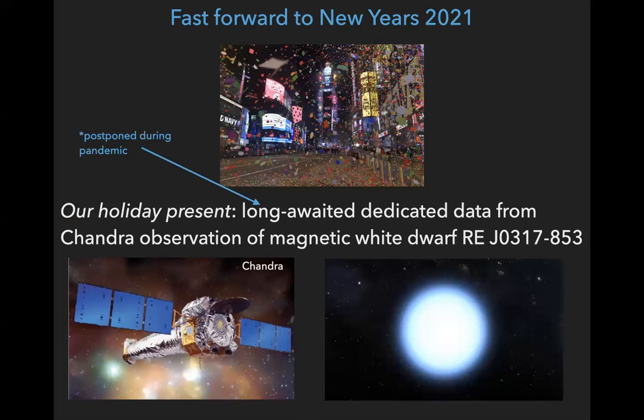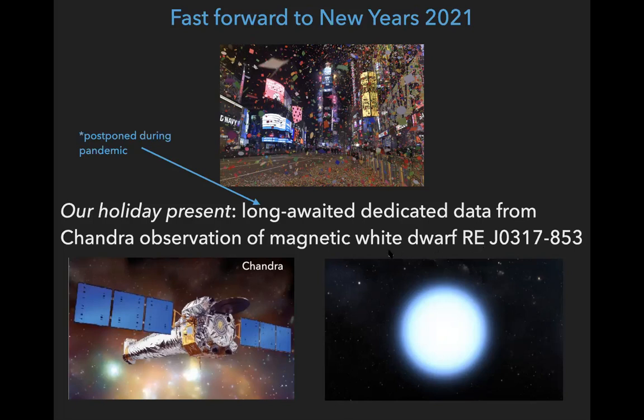So we finally got our long-awaited holiday present, which was dedicated data from Chandra towards this magnetic white dwarf. This data was supposed to be taken much earlier in 2020, but it was postponed because of the pandemic. We finally got word around Christmas time that our observation was going to take place. It took place, and we got the data right after New Year's.